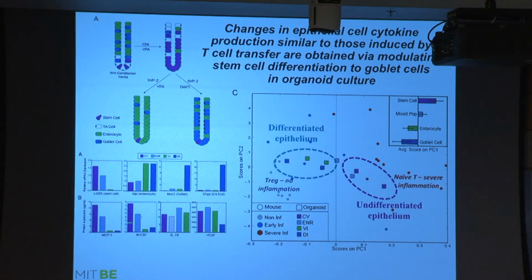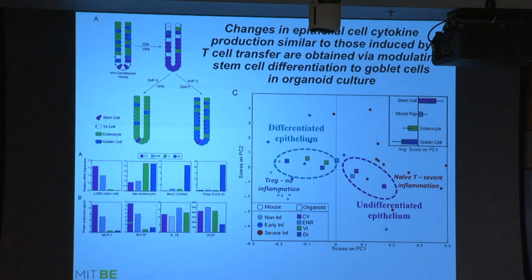And then another test of this is, OK, can we take this out in vitro, and with David Brohl at Children's Hospital, grow intestinal organoids. There's different ways to manipulate these intestinal organoids with different treatments to make them more stem cell-like, more enterocyte-like, more goblet cell-like. So you can actually put these organoids in different states.